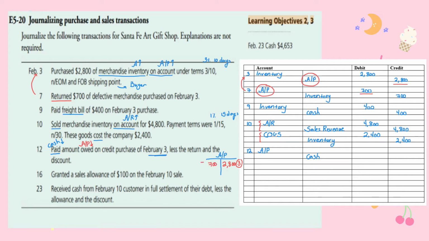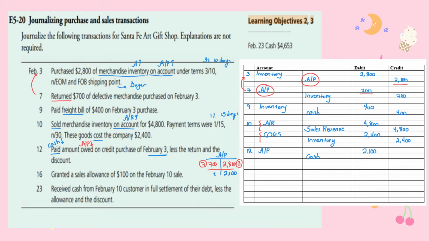So now what's the balance in my accounts payable? It's 2,100 credit side. Now I want to pay this debt, so I want to make the balance equal to 0. This is the debt. Now, will I get a discount or not?